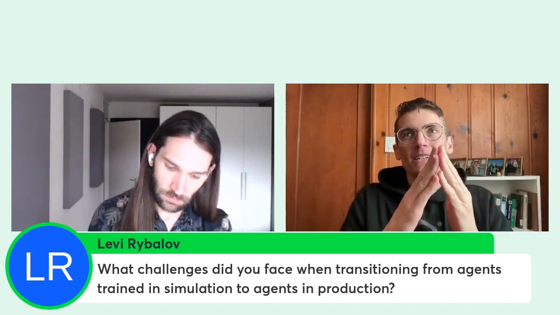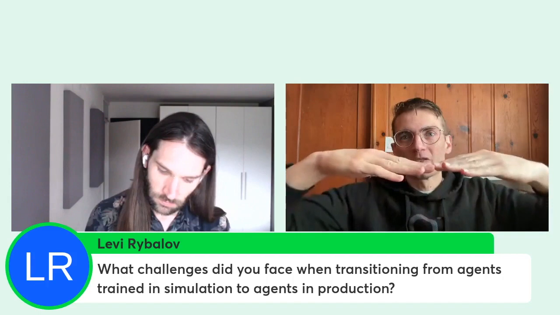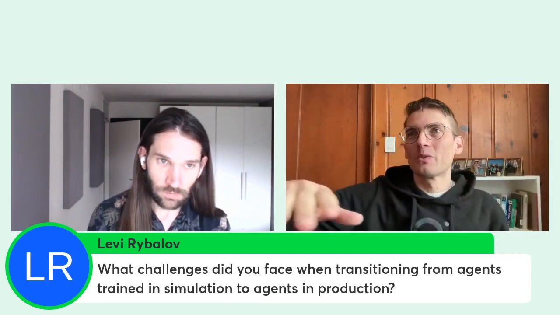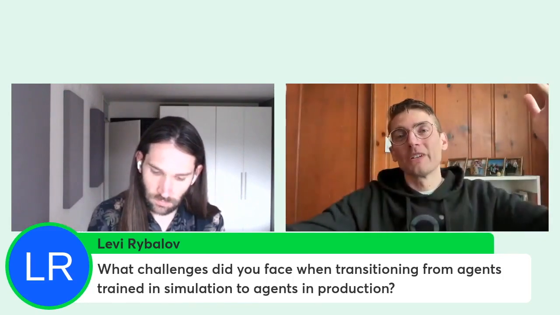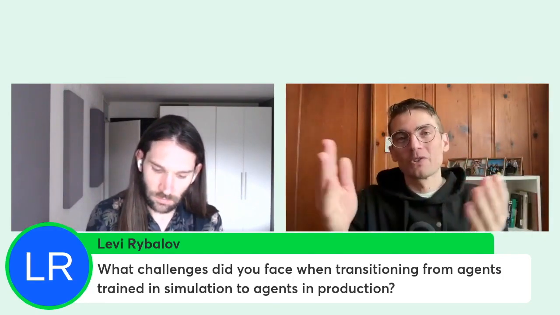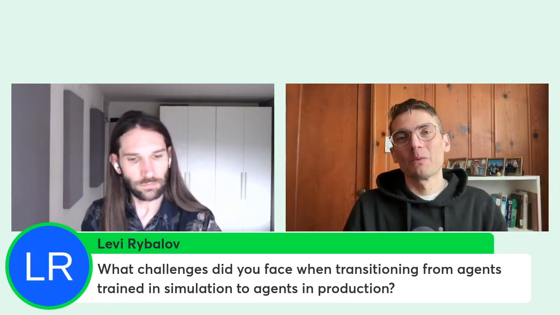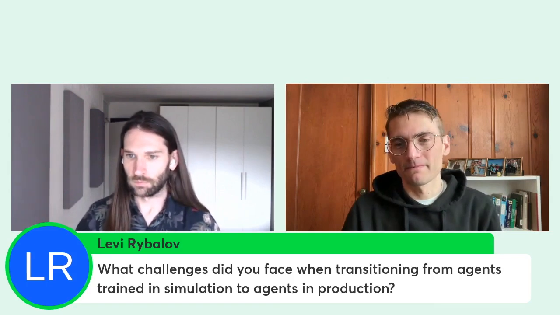So the policy got so wide, the variance got so wide because it didn't know what to do, that the policy basically exploded because it didn't know what price to converge on, since there were no offers even available. So that was an interesting challenge.